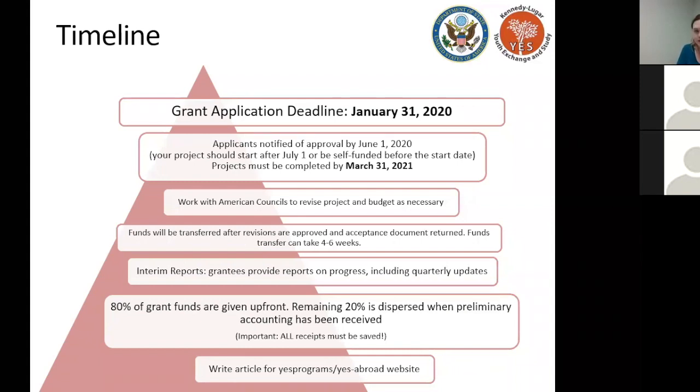The way the funding works is we provide 80% of the grant funds up front to you, and you get the remaining 20% once you have finished all of your final reporting and accounting. And you must save your receipts. And one part of your final reporting also is that you will write an article for the YES website.